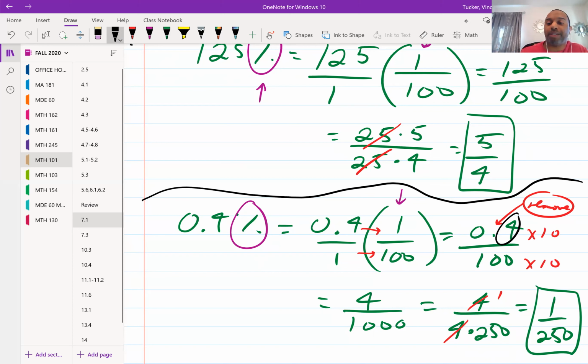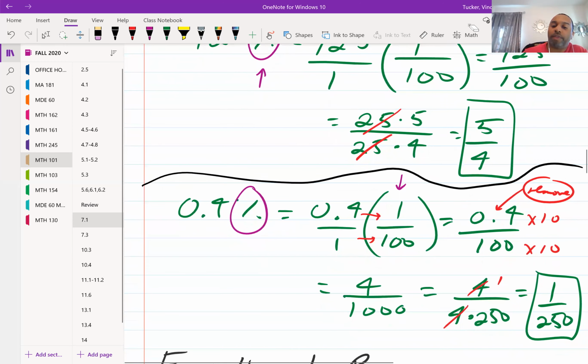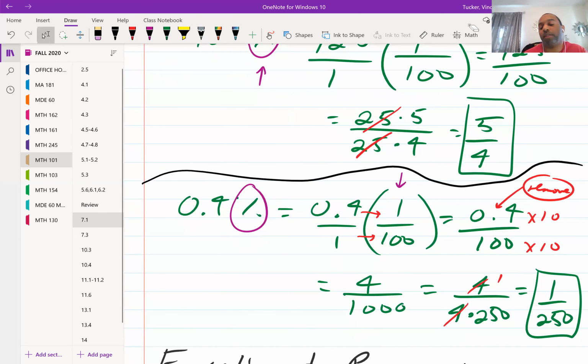We have this 4 that's in the tenths place, so we multiply top and bottom by 10. Because remember, whatever you do to the bottom, you have to do to the top. All right. So that gives us 4 over 1,000. And 1,000 is 4 times 250. So those 4's cancel, leaving us with 1 over 250.